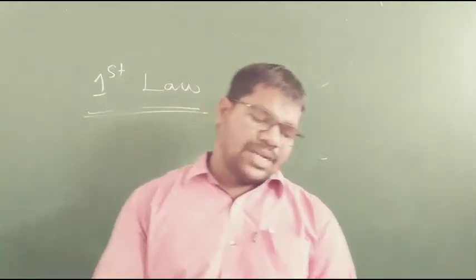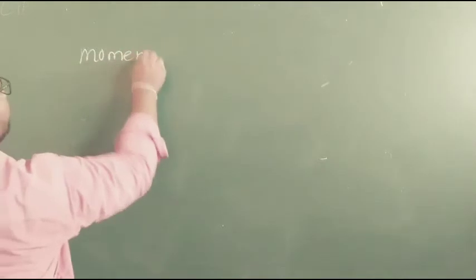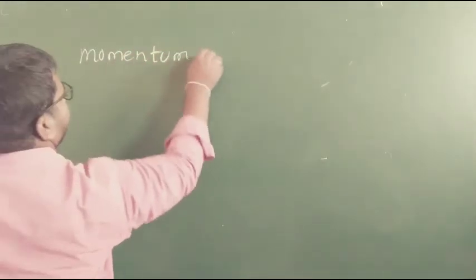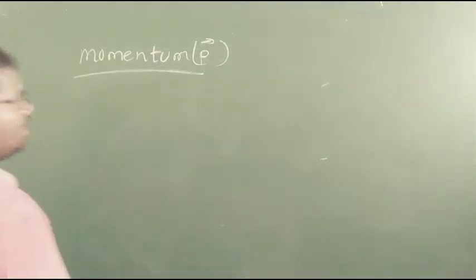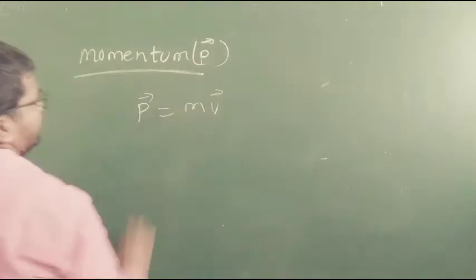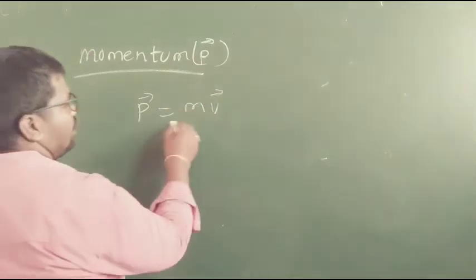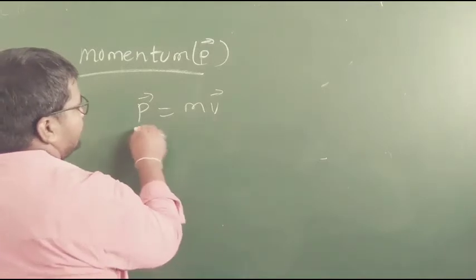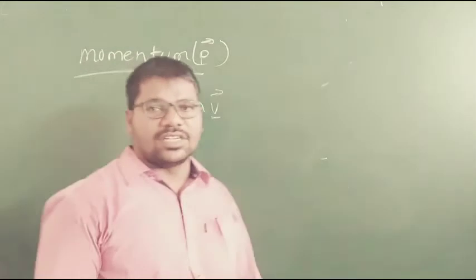Next, momentum, my children. So what is momentum? The product of mass and velocity is called momentum. See here, the direction of the momentum is the direction of the velocity of the object.